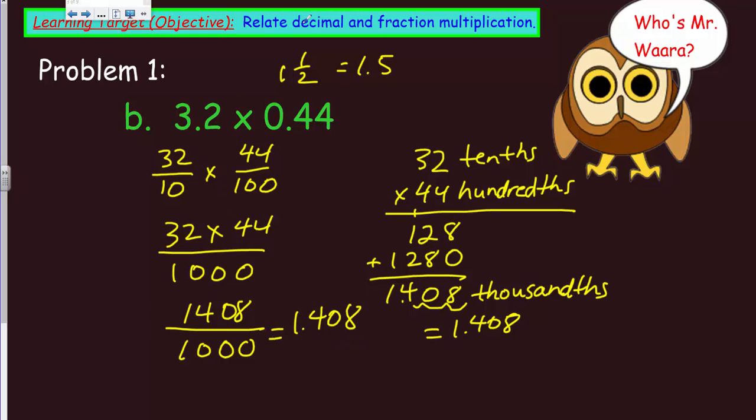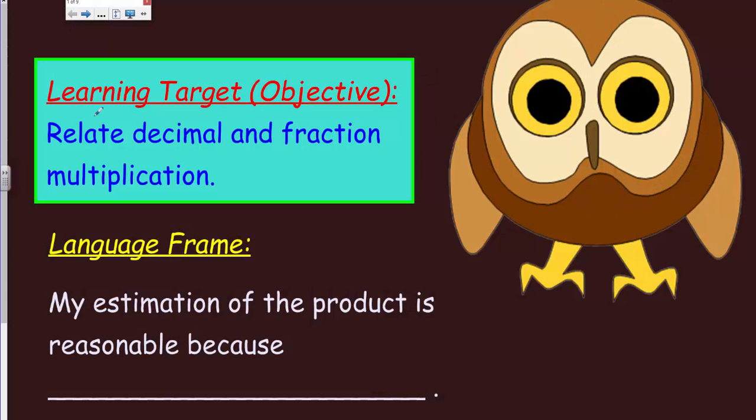Again, we're relating the decimal and the fraction multiplication. And again, we ask that question, is my answer reasonable? Well, my answer is very reasonable. If you look at 1 and 408 thousandths, it's really close to 1.5. So let's go back and look at our language frame.